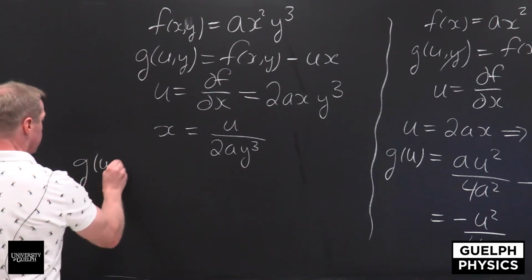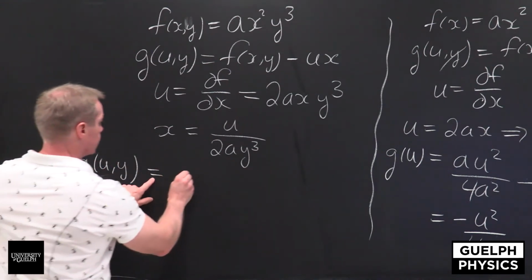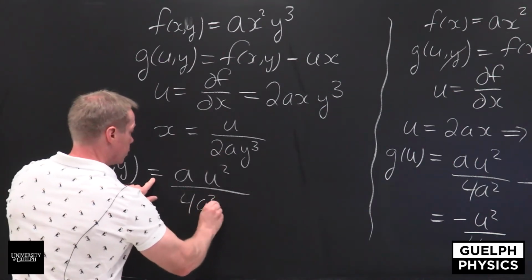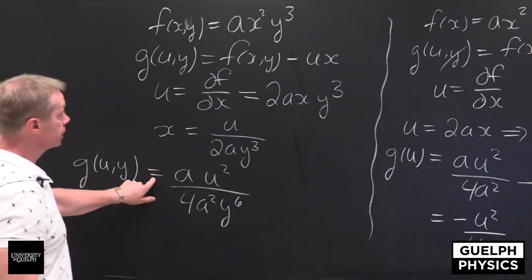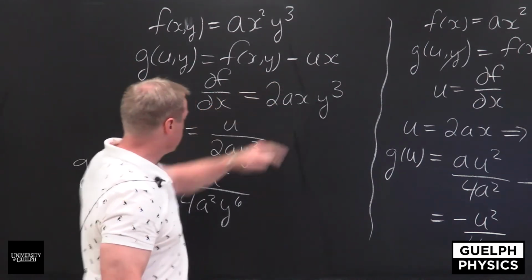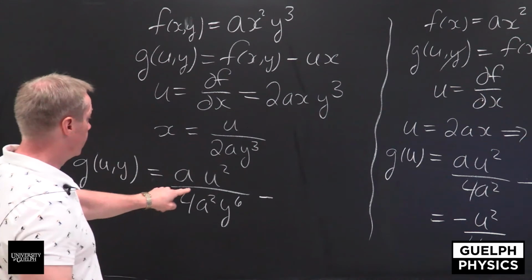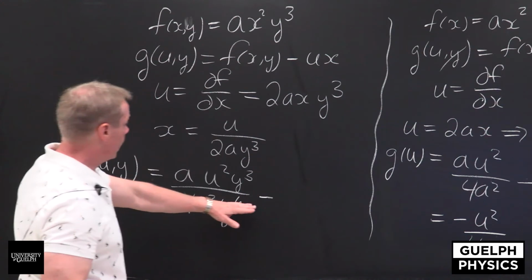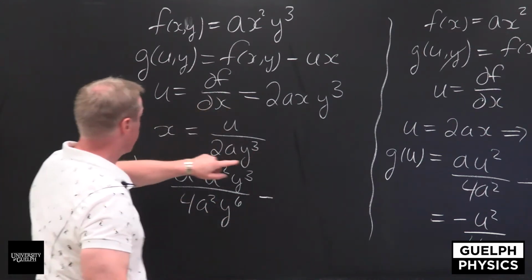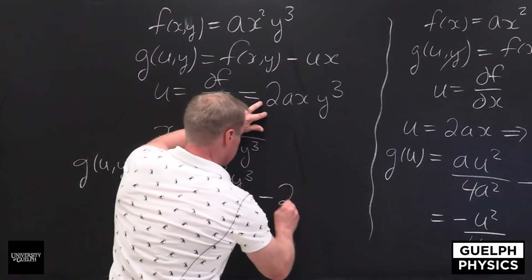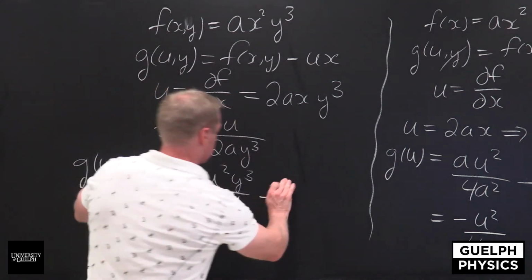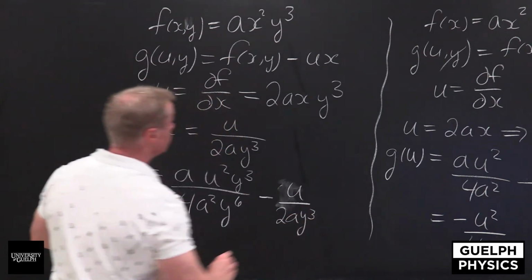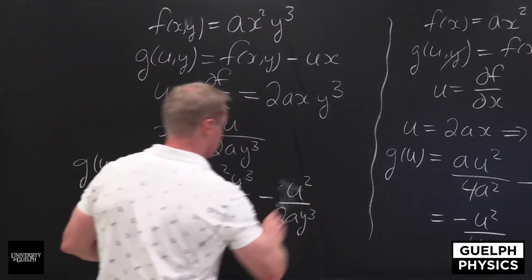So g of u and y is a u squared over 4a squared y to the 6th. And then I subtract u times x, so that's a 2 u over 2ay cubed times a factor of u.